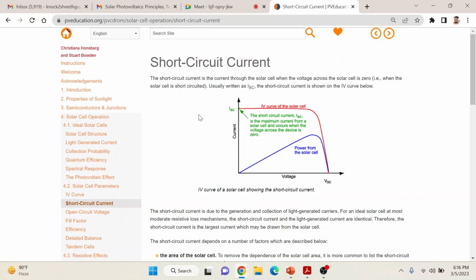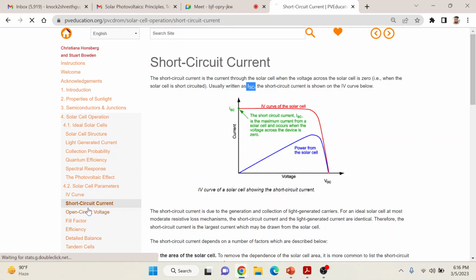That is, when the solar cell is short circuited. Usually we write it as ISC. The short circuit current is shown in this IV curve. So this is the short circuit current, where there is no voltage, that means zero voltage. The short circuit current is the maximum current from a solar cell that occurs when the voltage is zero.